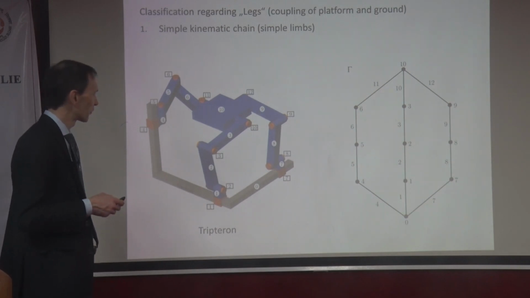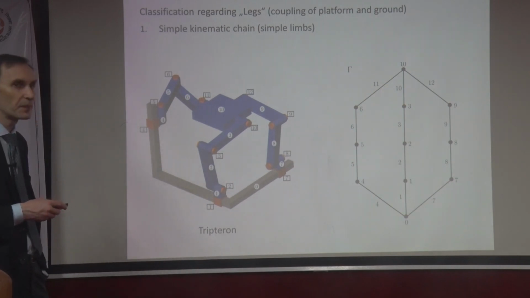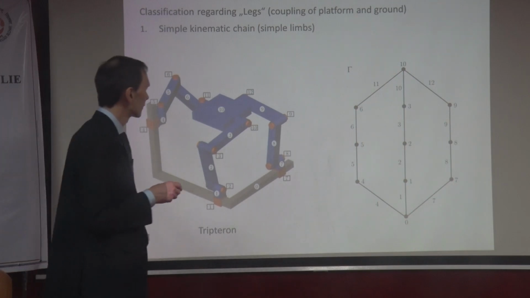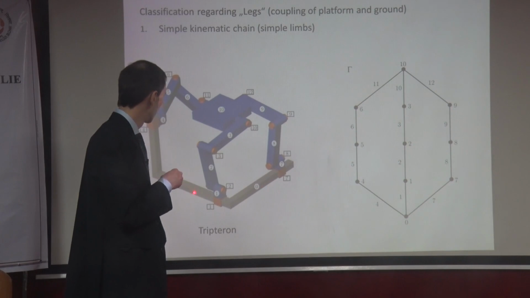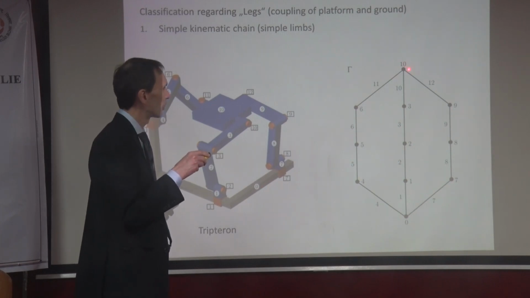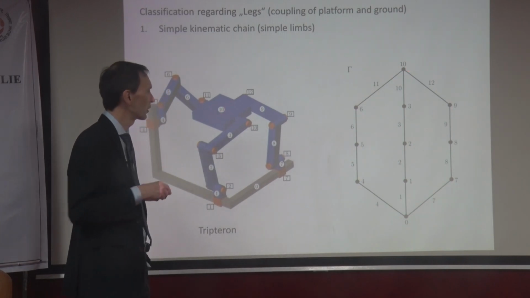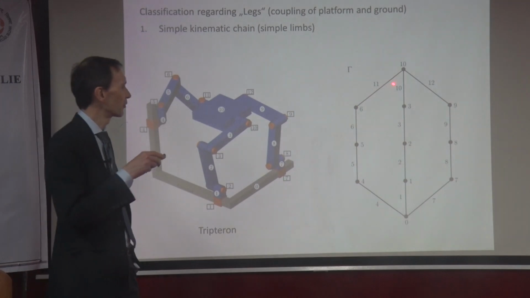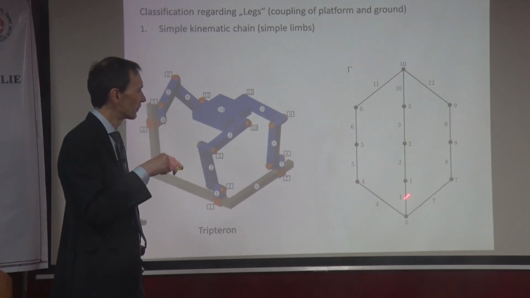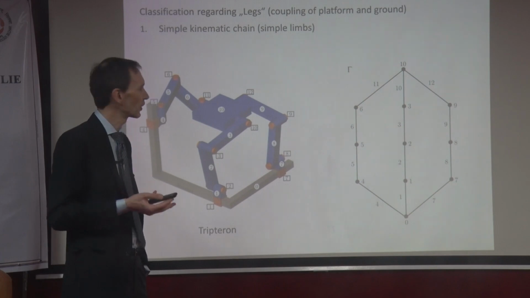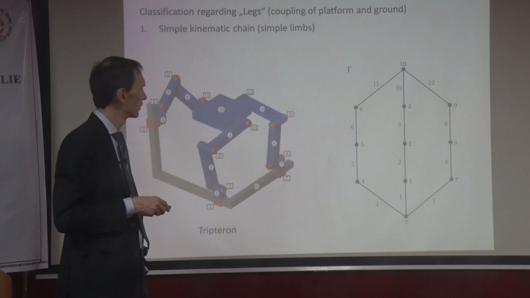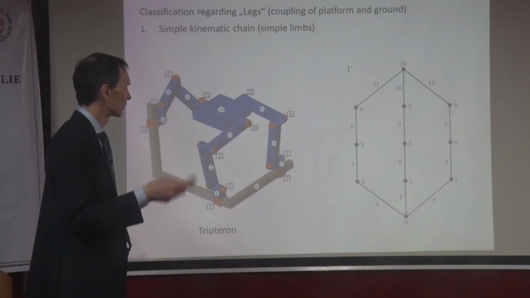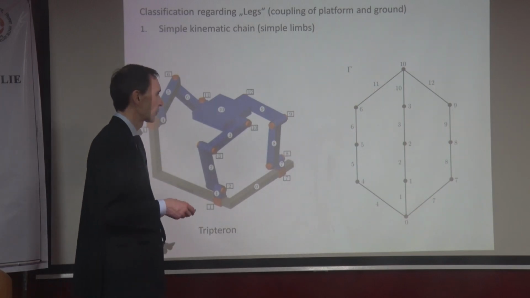And we realized that for PKM we have an interesting, nice structure because you have the ground, which gets the index 0. You have the moving platform, in this case maybe 10, and then we have similar, or let's say identical, kinematic chains, and they call them legs, like leg or limb.